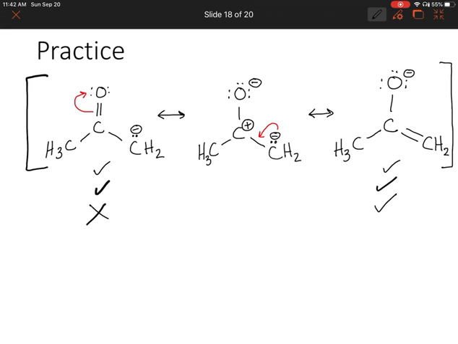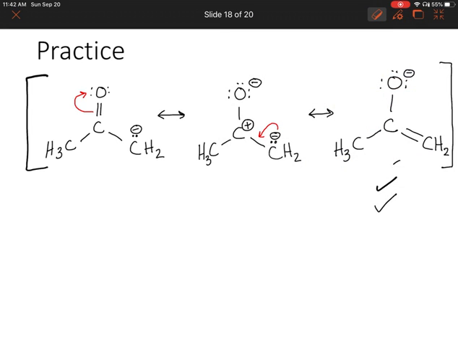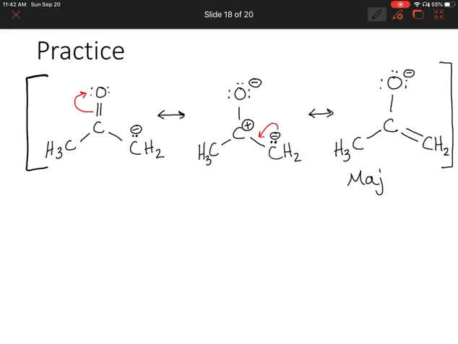So that means the structure on the right is the major contributor. Let me just get rid of these check marks here. So this is the structure that will contribute the most to our hybrid structure.